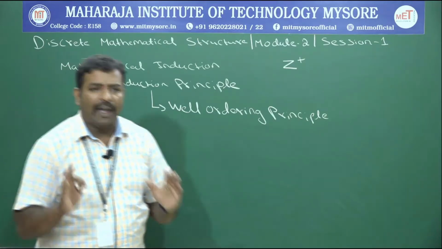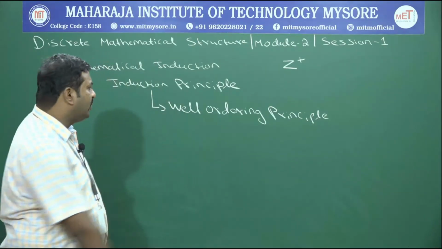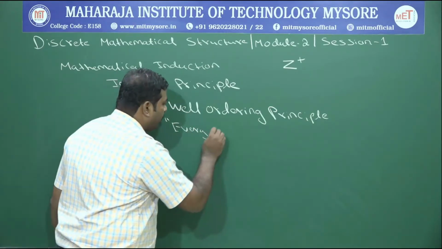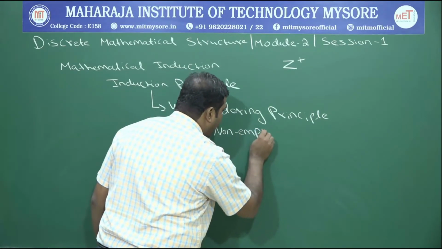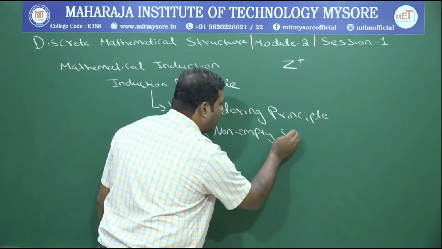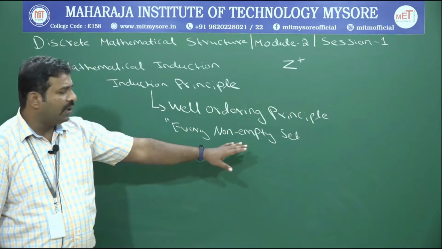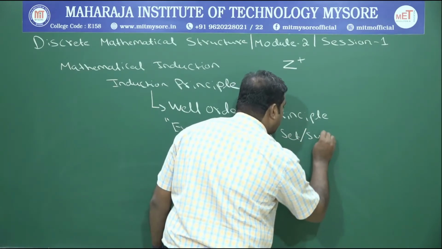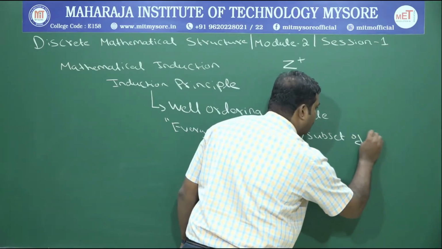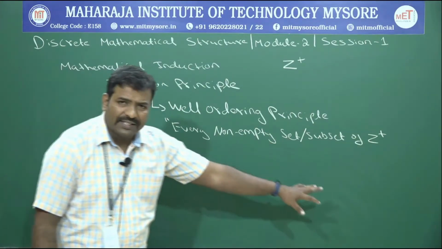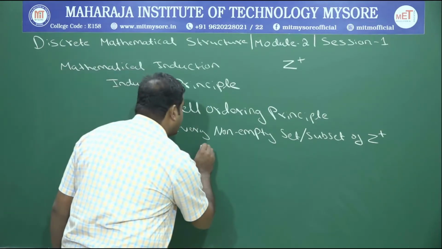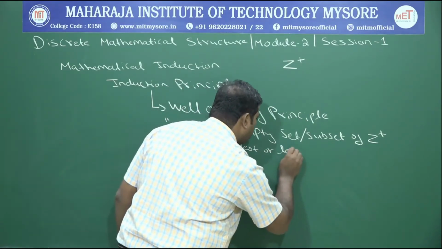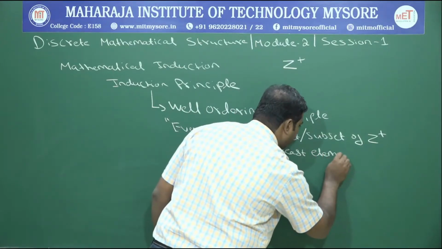But whatever integers I take, the well ordering principle says every non-empty set of integers, which is a subset of the universe of positive integers, has a least element, a smallest element.